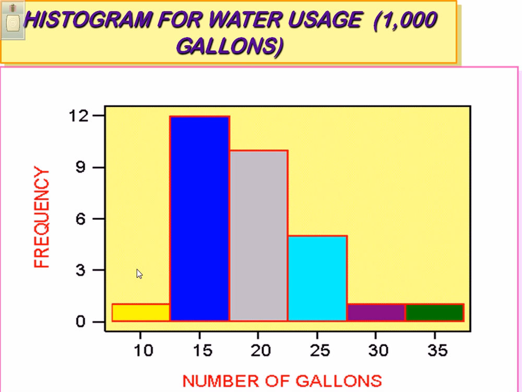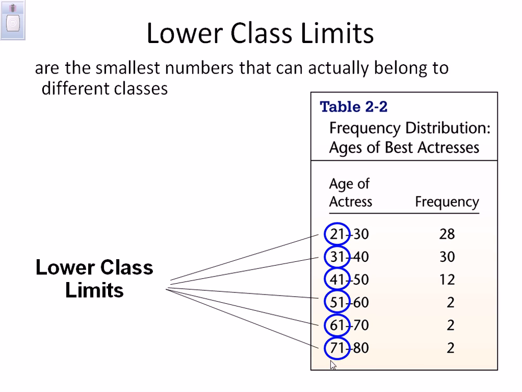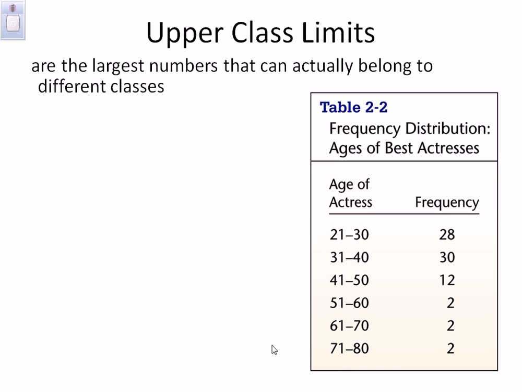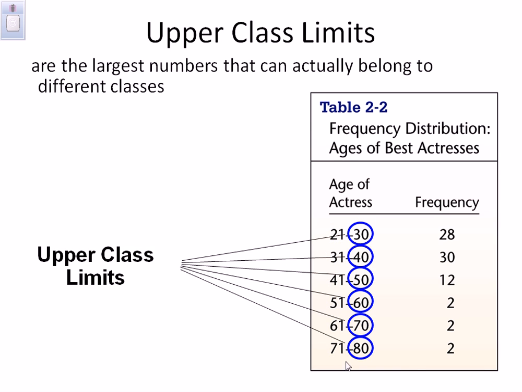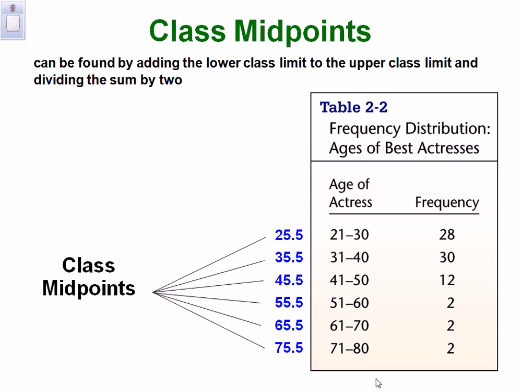Lower class limits, or lower bounds, as they could also be called, are the low numbers of our classes. Upper class limits are the higher end of our classes. Now, the midpoints. To find the midpoint, you're going to do the averages.